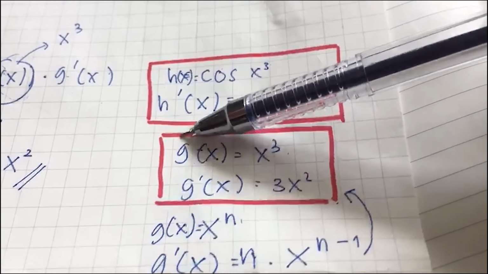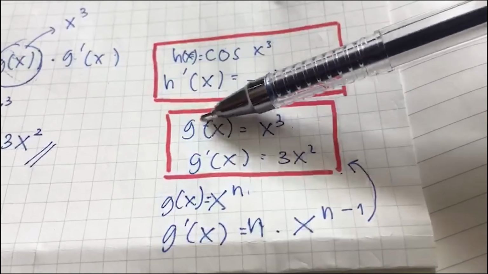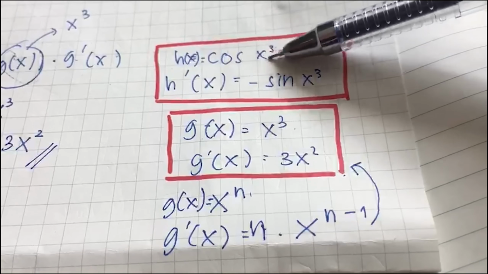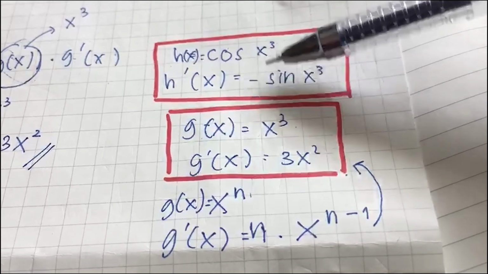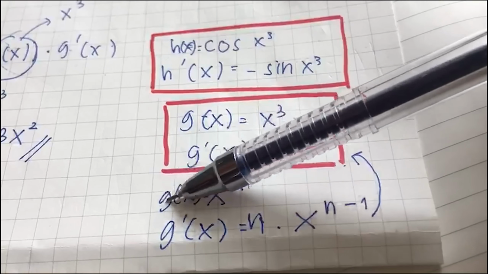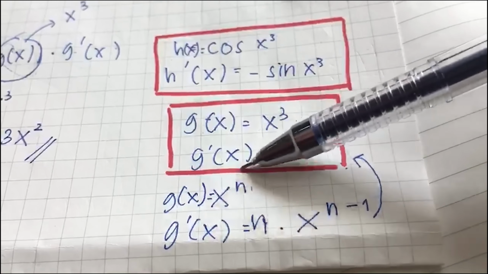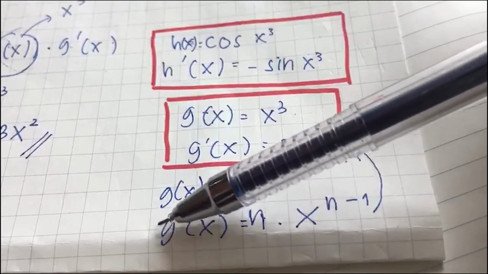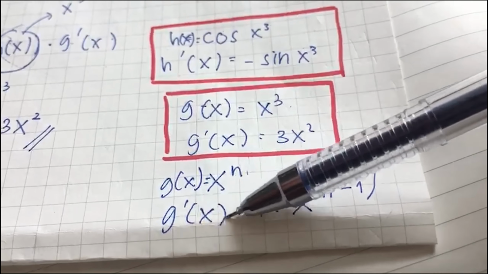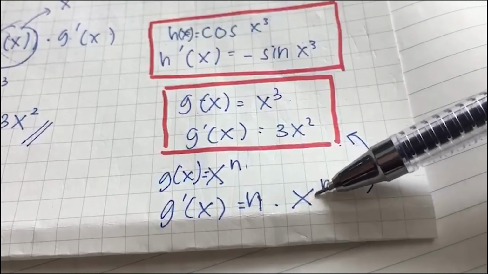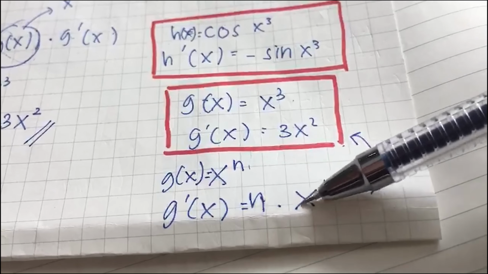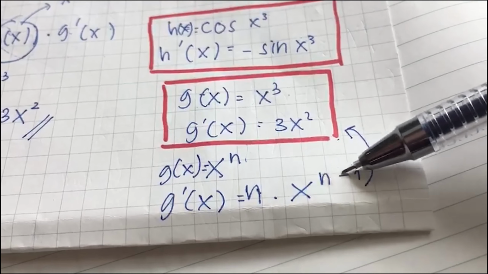Okay, and about the g(x), about the x cubed, there is a formula: g(x) equals x to the n, the n is 3. So the derivative of g(x) is n in front of the x times x to the n minus 1.